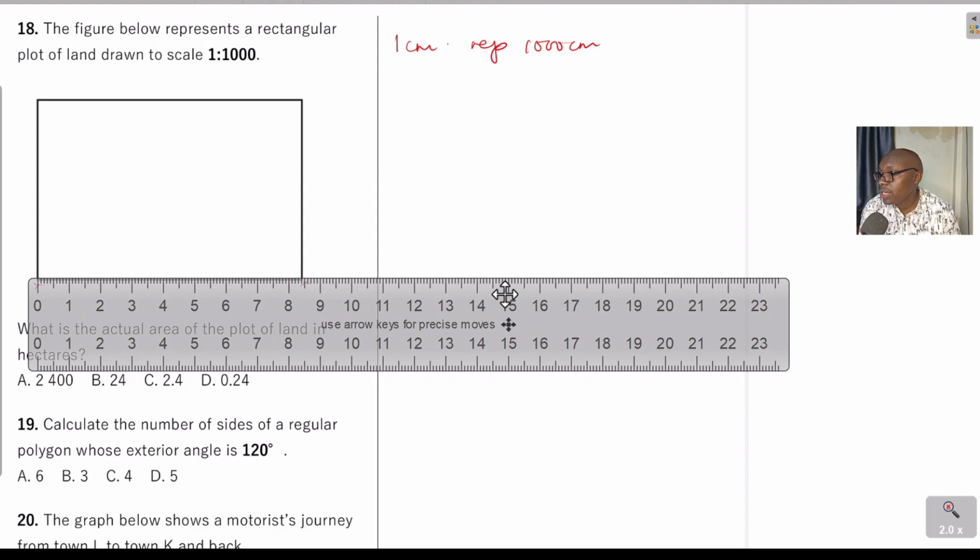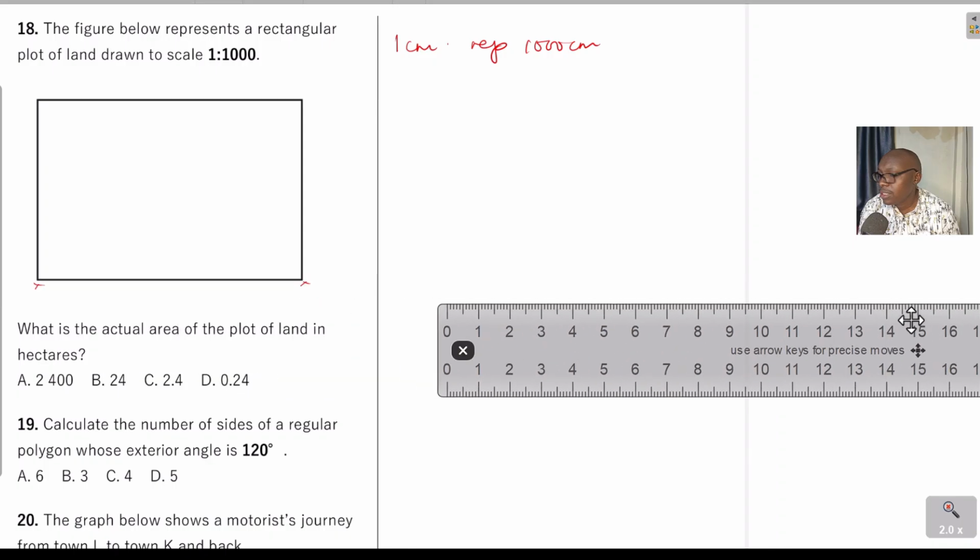So I'll work with whatever I have. According to the measurement here, this is 8.4 centimeters. I'll go by this one just for demonstration.